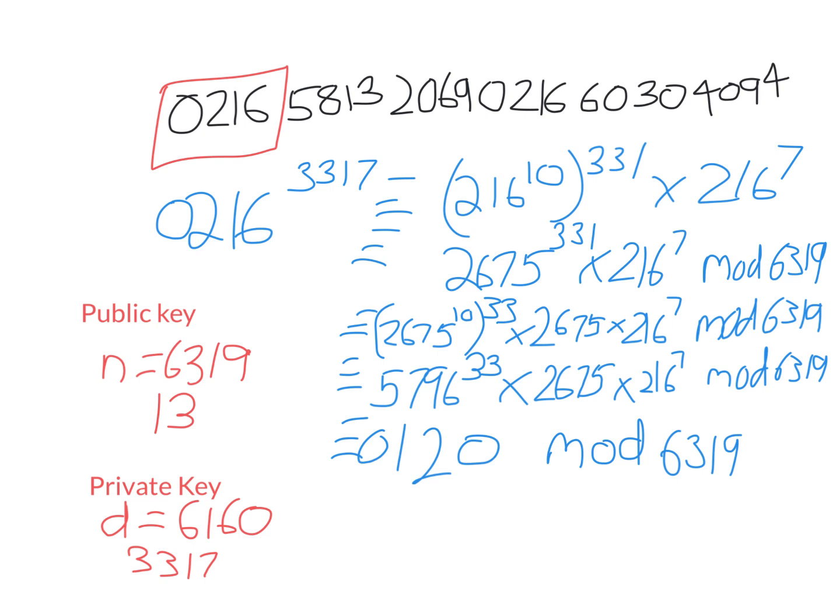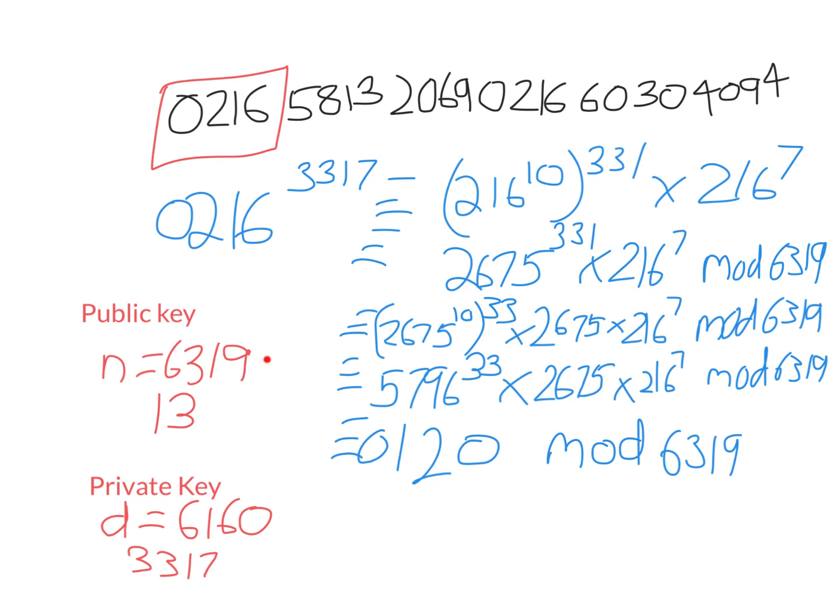Even if you were able to hack it, your time's probably up. You might use this secure RSA system when logging onto internet banking. You're probably going to be on that banking for an hour at most, and if someone tried to hack it, it's going to take way longer than an hour for them to factorize this integer. Once they factorize the integer, yes, you could hack it pretty easily, but getting from here to here is pretty tough. That's why this number needs to be kept private, and that's why this system works.